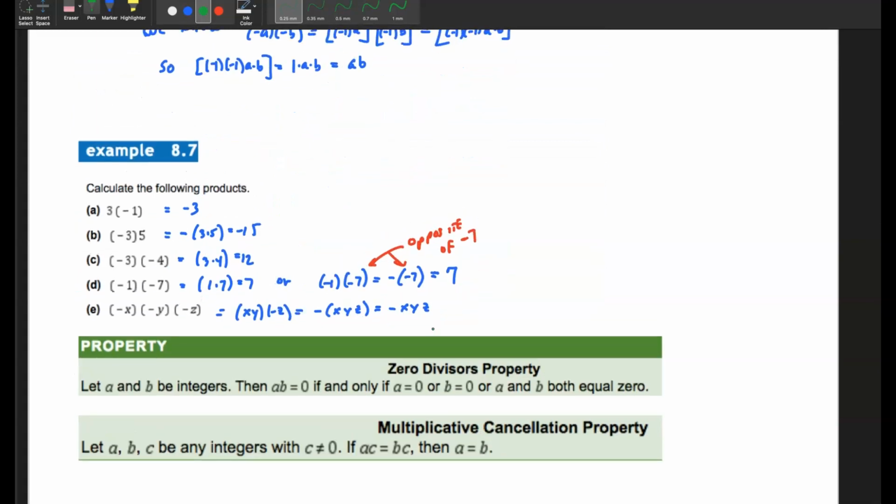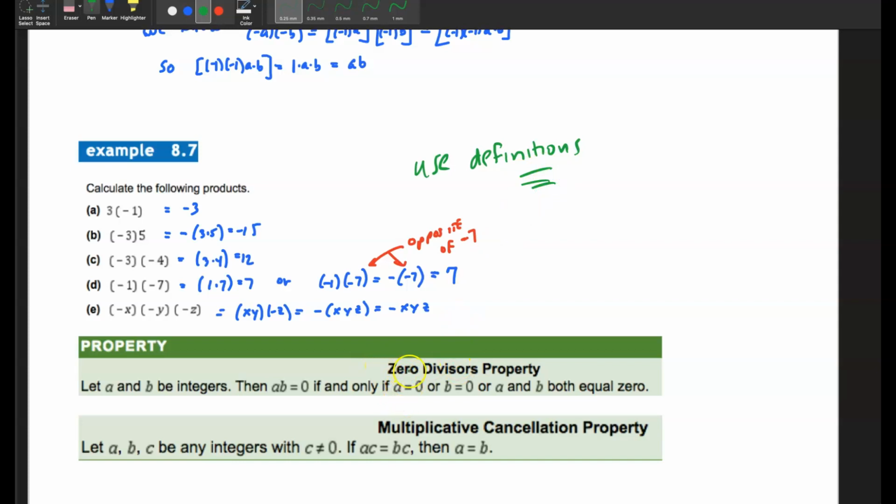Examples here use our rules for products as you multiply. Take a look at my notation here of how we do this from our definitions. I want to make sure you're using our definitions or theorems from above to do those calculations.